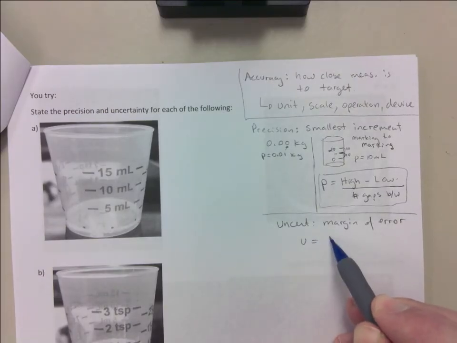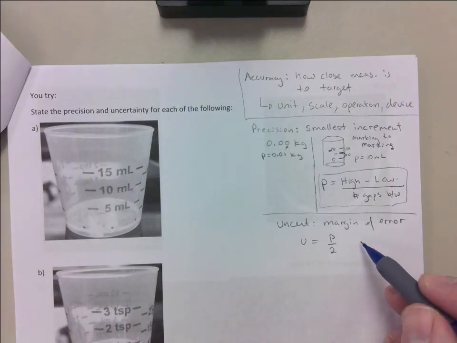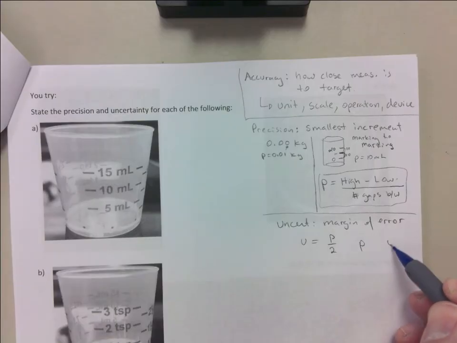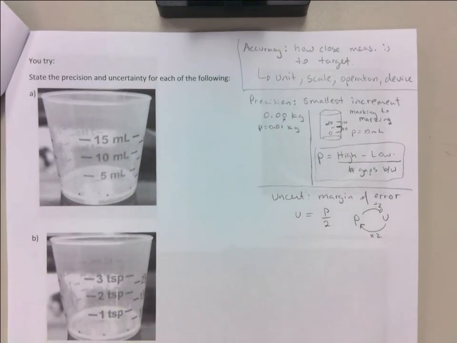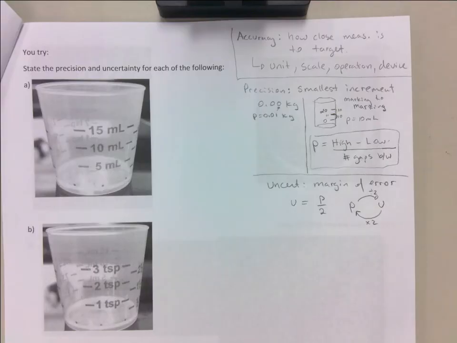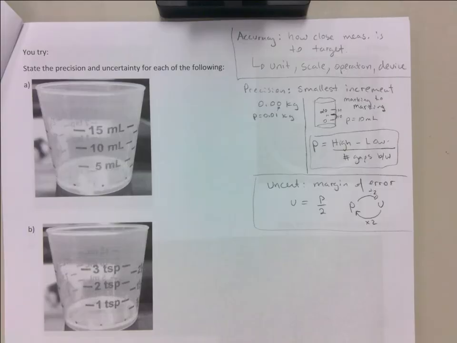And additionally, uncertainty is the margin of error. Uncertainty is precision divided by 2. Also note, precision and uncertainty are related in a certain way. Where you divide by 2 to get from precision to uncertainty, you multiply by 2 to go from uncertainty to precision. Okay, so that's another study sheet entry. To me, this is still too big.